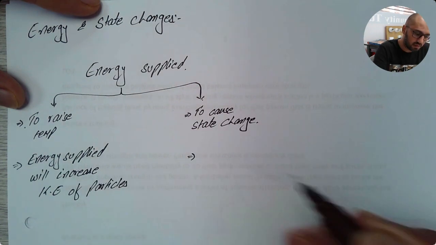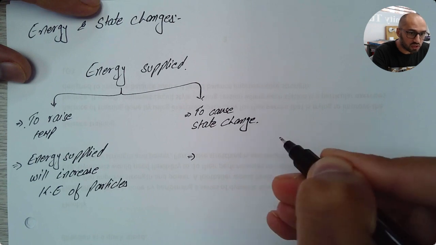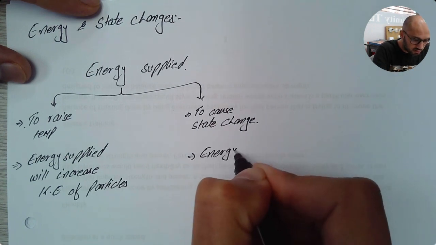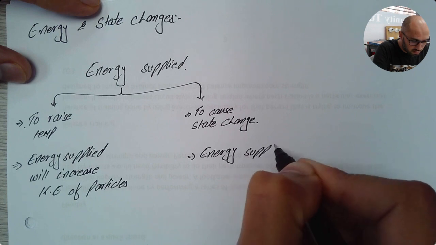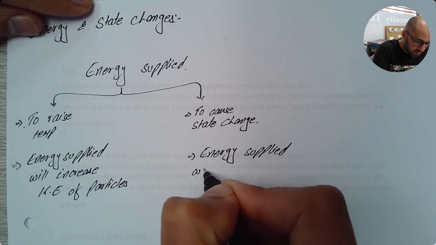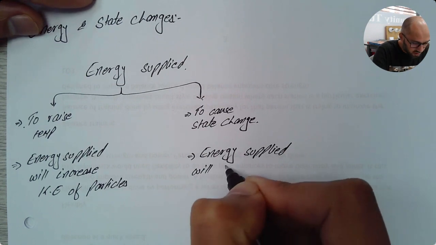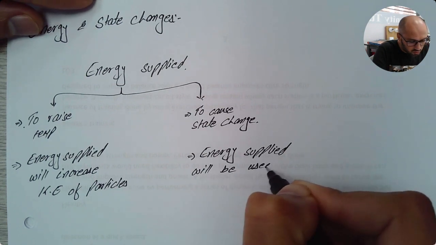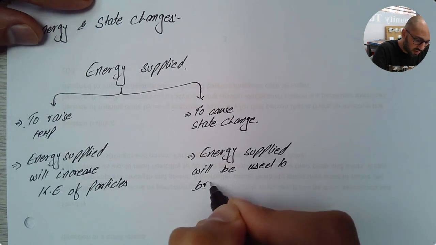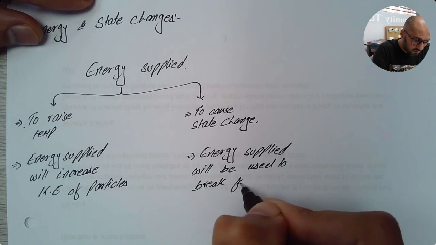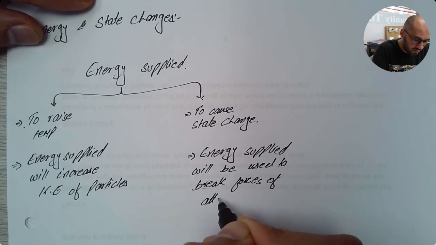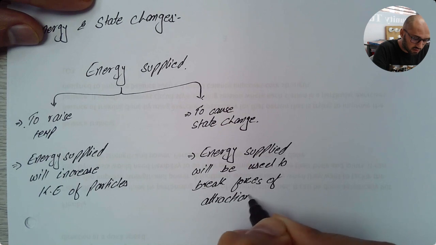In this case, when it is being used to cause state change, then we will say energy supplied will be used to break forces of attraction between particles.